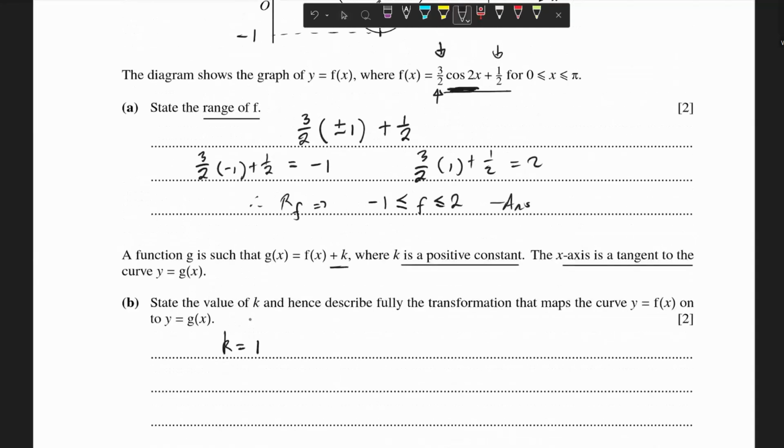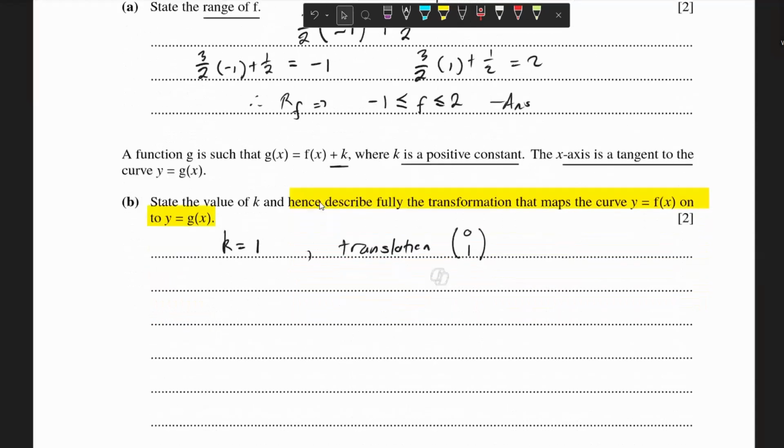And they also say, hence, describe fully the single transformation that maps f of x onto g of x. So the transformation is basically a translation represented by the vector 0, 1. That's all it is, and that's how we answer part B.